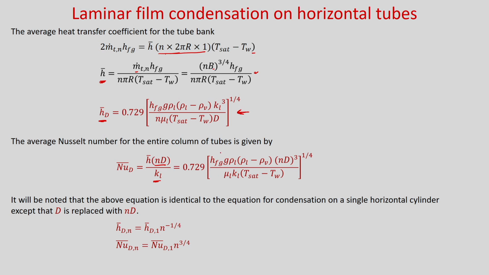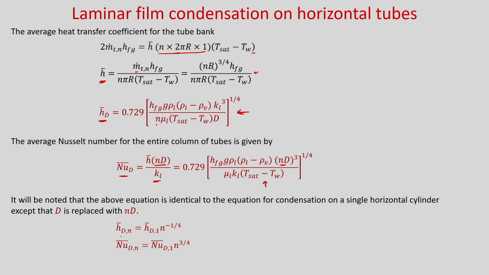If you put this expression and take n inside, it will be n to the power 4 in the denominator, and with the 1 n outside, it will be n cubed. So, you can put it with d, so it will be n d whole cube. Okay. So, you can see this is the expression for the average Nusselt number for the entire column of tubes, and the expression is similar to the single tube except d is replaced with n d.